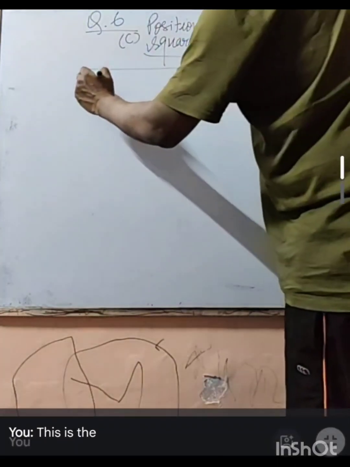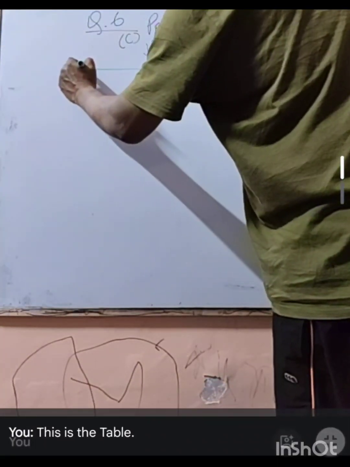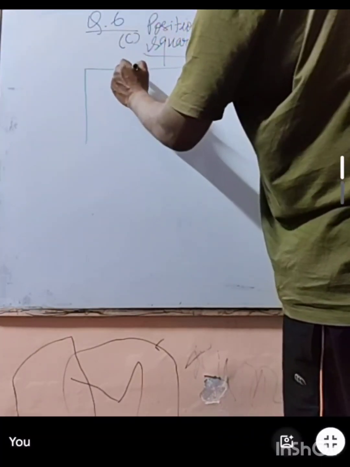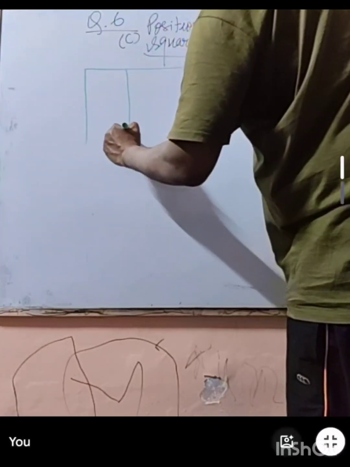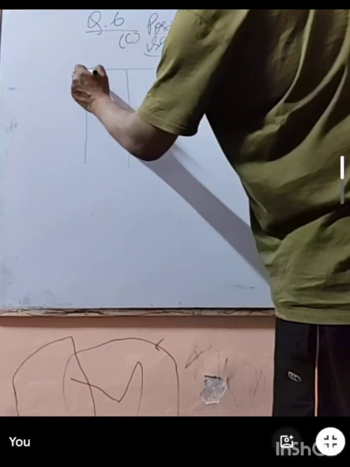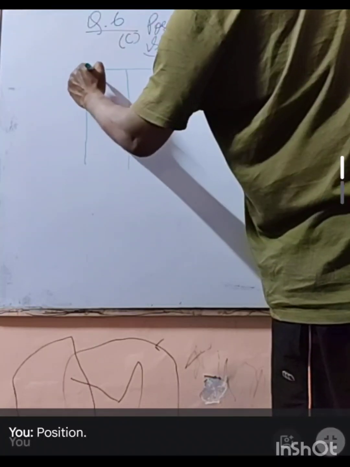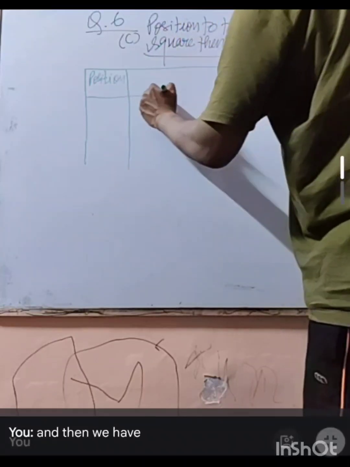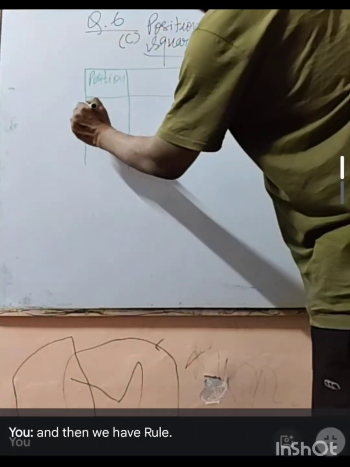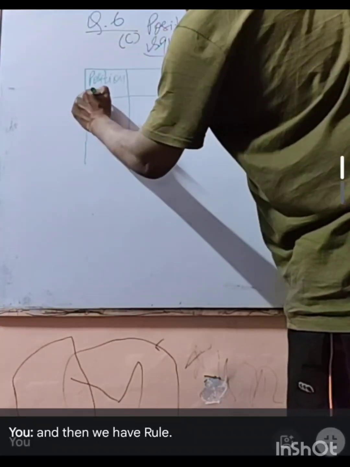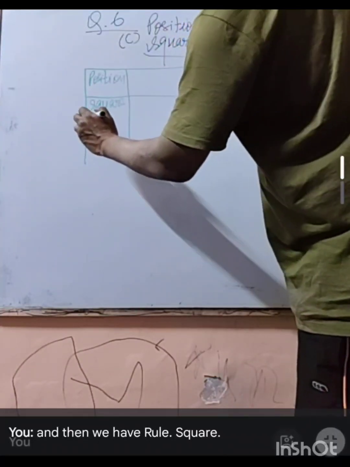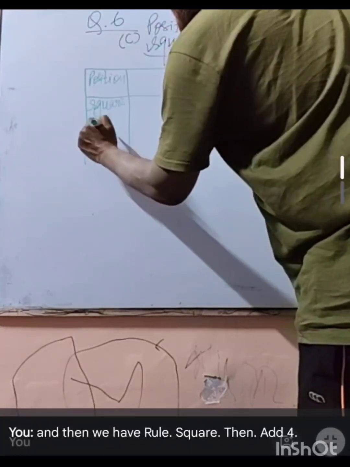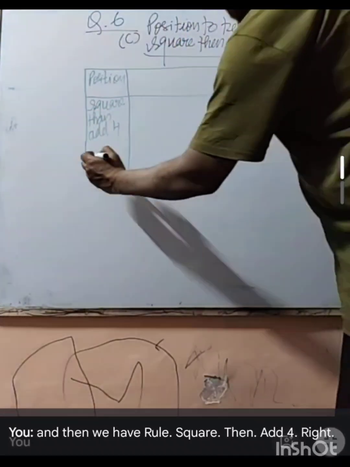This is the table. Position, and then we have rule: square, then add 4.